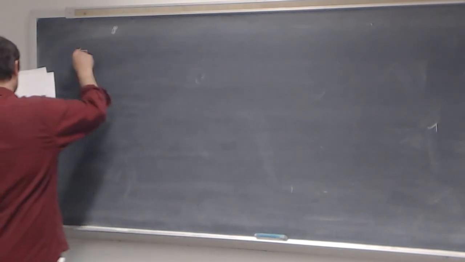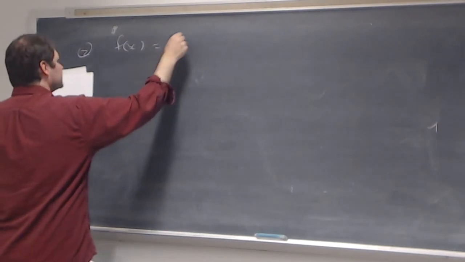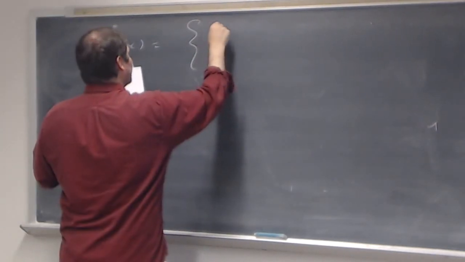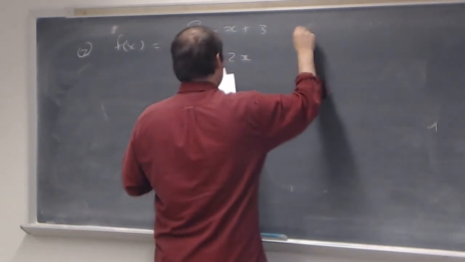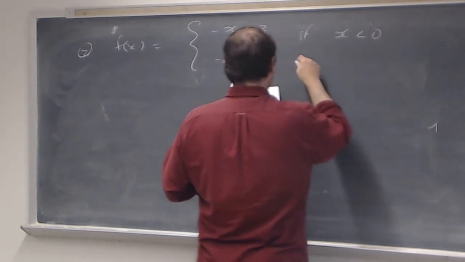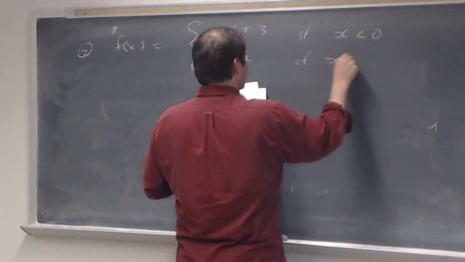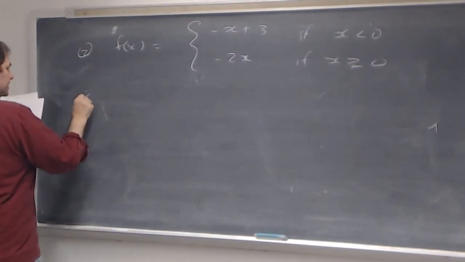Okay. Another example is that f of x is equal to minus x plus 3 if x is less than 0, and minus 2x if x is greater than or equal to 0, which is monotonically decreasing.